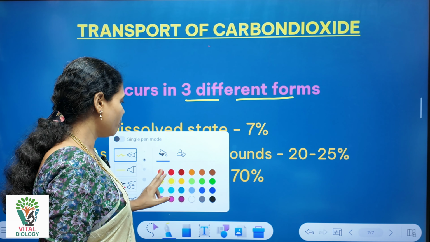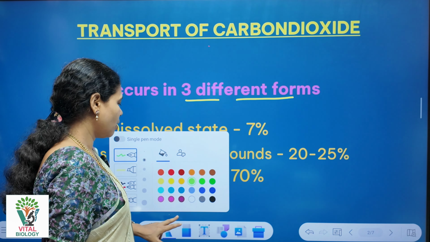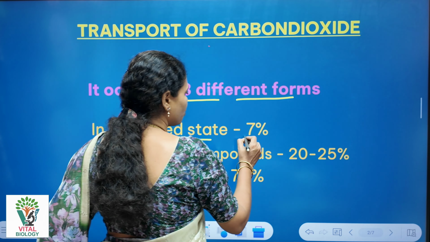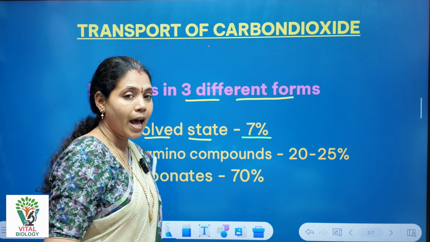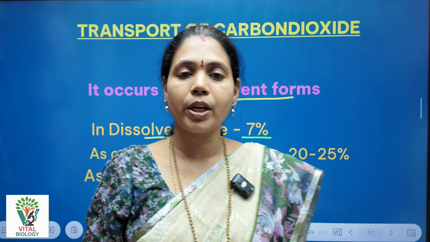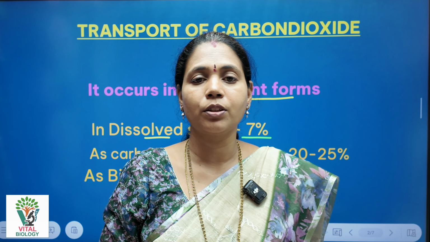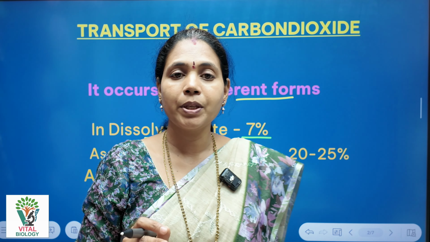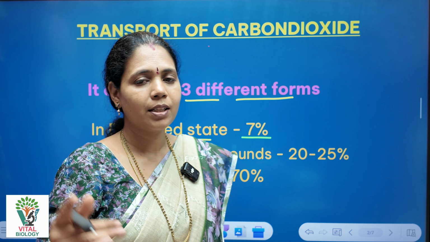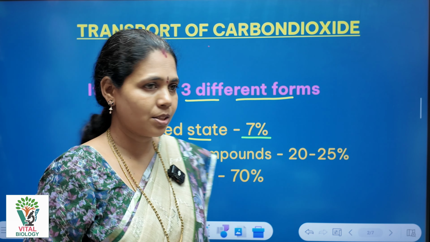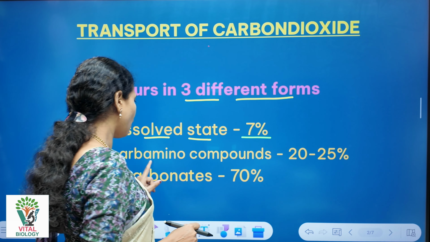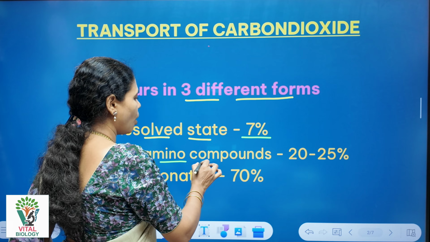How much of this carbon dioxide can be transported in a dissolved state? About 7%. Only 7% of the carbon dioxide can be dissolved in plasma, and in that dissolved state it can reach up to the lungs. And one more form is the carbamino compounds.